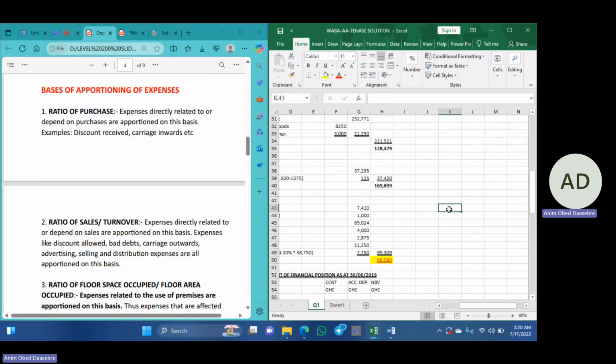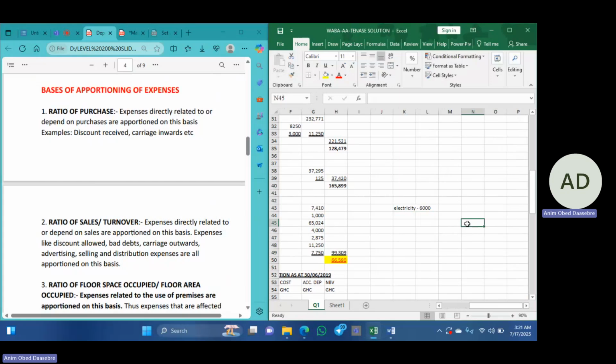So let's say the total value for electricity is maybe 6,000 in the trial balance, right?